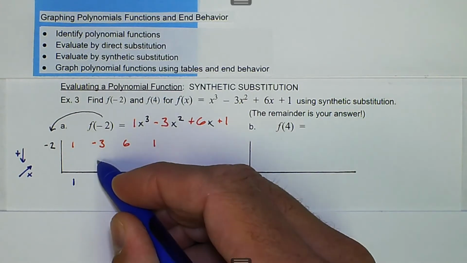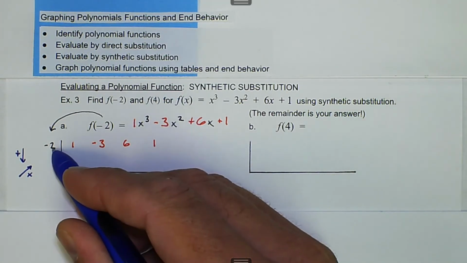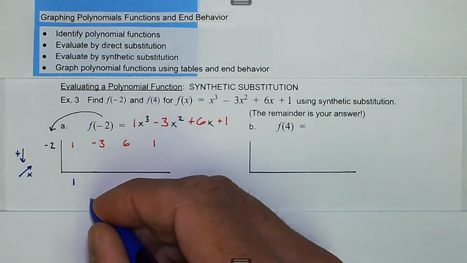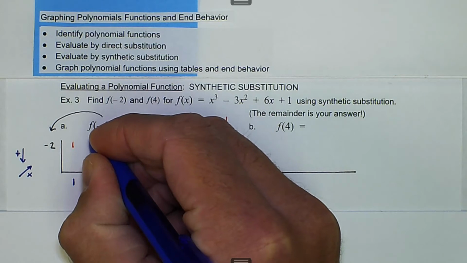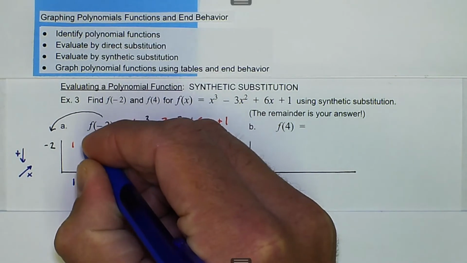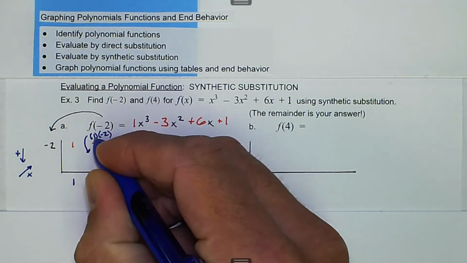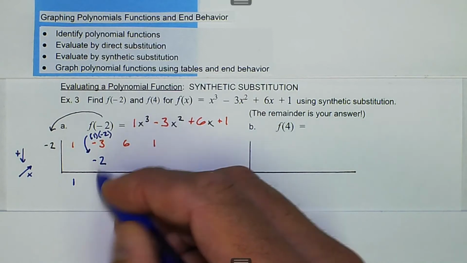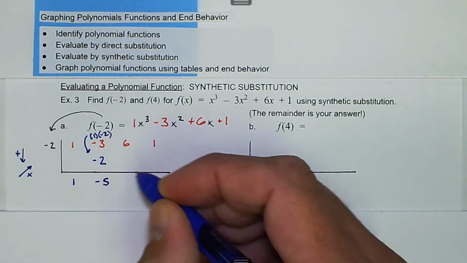And now we are multiplying on the diagonal. So we're going to take 1 times -2, and that goes down here. 1 times -2 is -2, and when we add these together, we get -5.